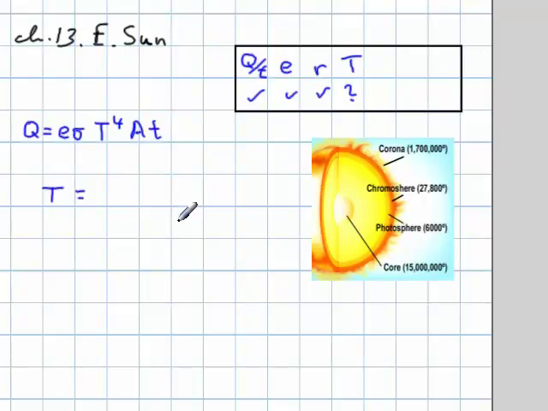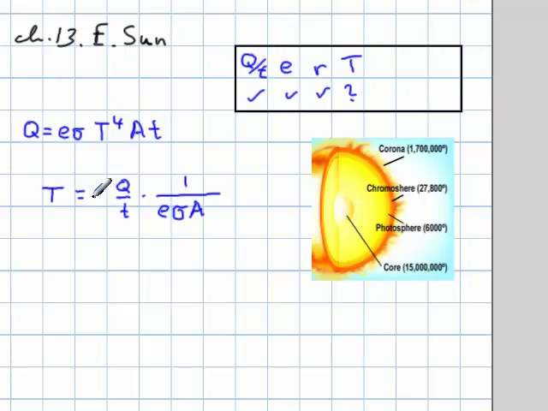So that equals the Q divided by t, which I write separately here because this one we have given as a number, and then times, there's nothing else in the numerator, so I'm just going to write a 1 there. And then of course, as we're solving for T here, we have to divide by everything else, so we have to divide by E, which of course is 1 in our case, then the sigma, which is a really tiny number, and by the surface area A, and of course the t is already attached to this one here.